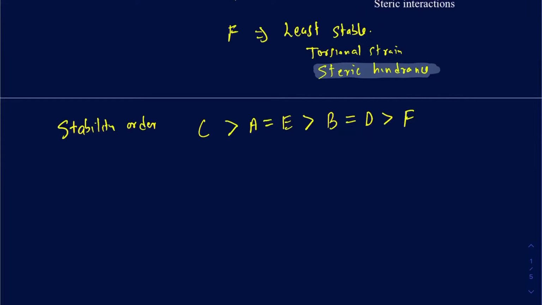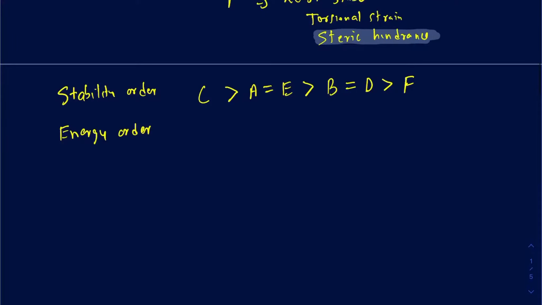And if I want to write that down in terms of energy, the order is just going to be opposite. Whoever is the most stable is going to have the lowest energy.